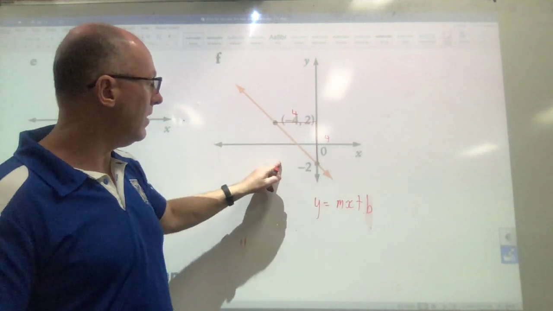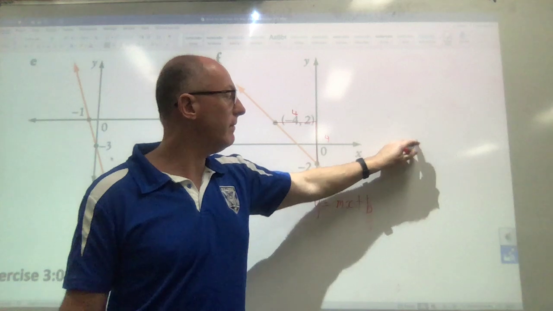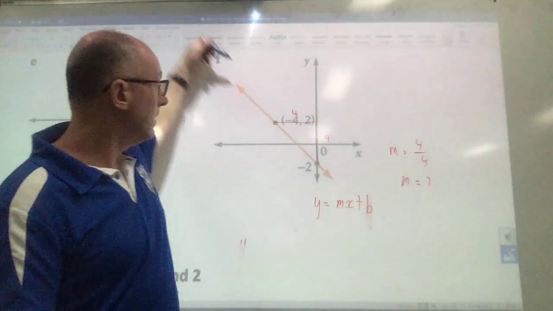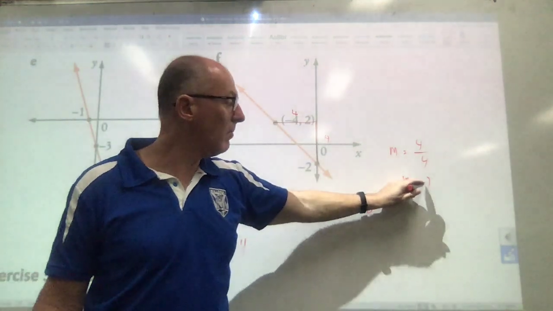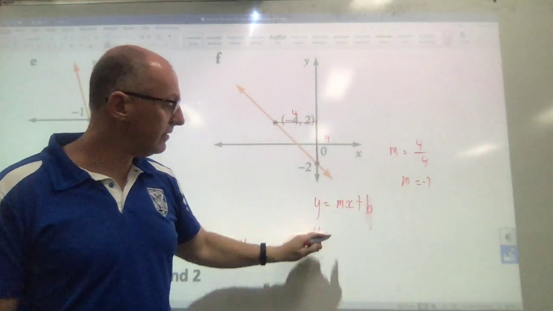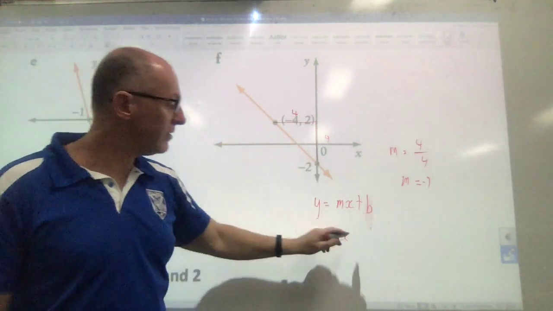It's gone 4 this way, 4 that way. Remember, gradient is rise over run, 4 over 4. The gradient is 1. The line is going down, so the gradient is minus 1. So the answer is y equals minus 1x, or just minus x, and the y-intercept is at minus 2.